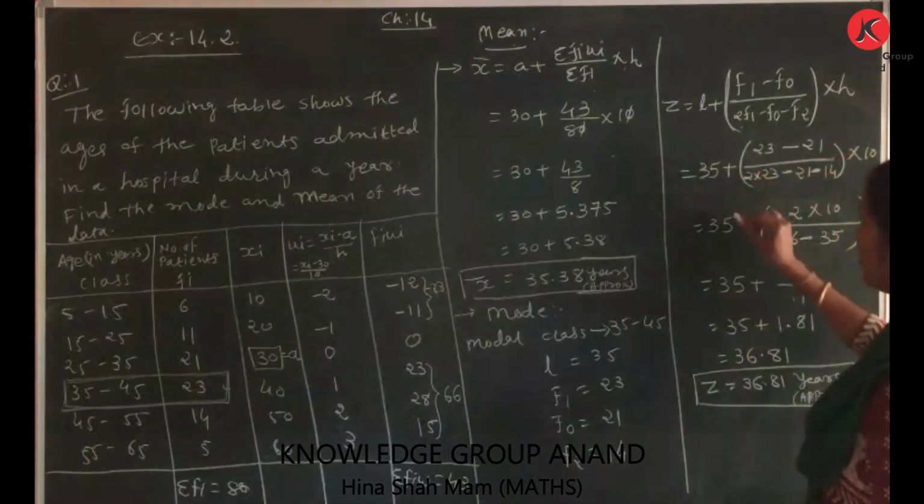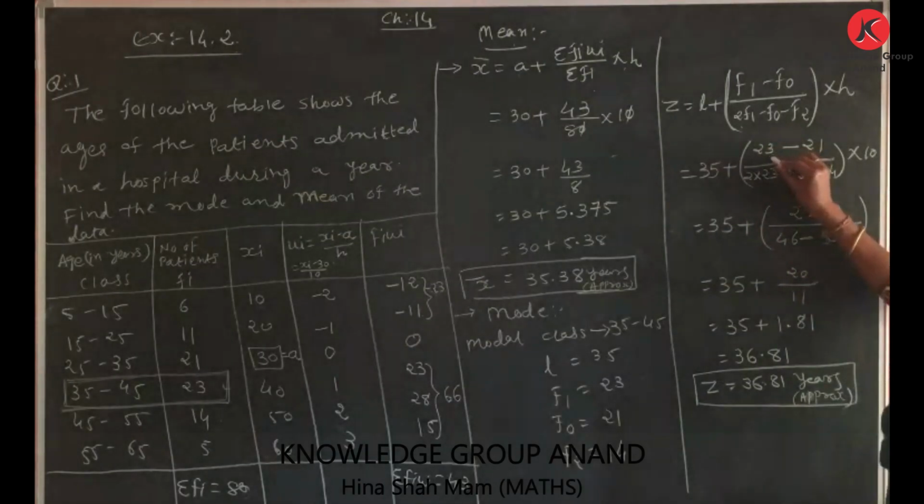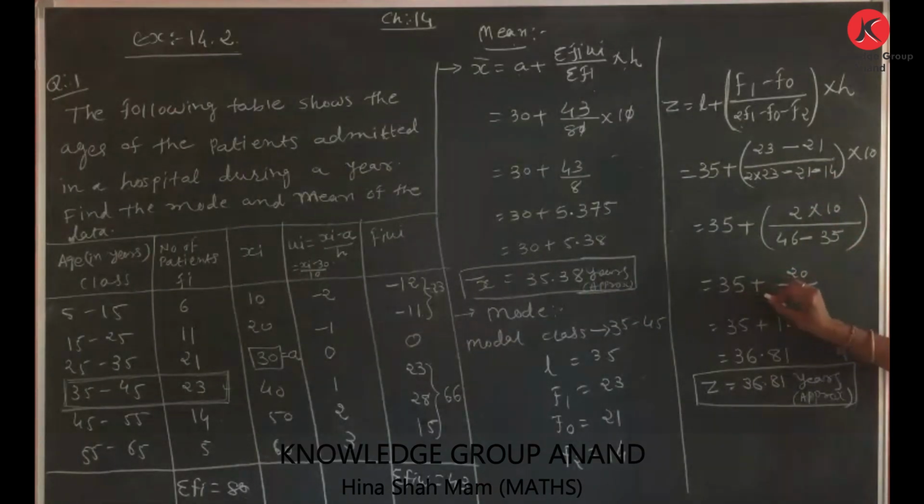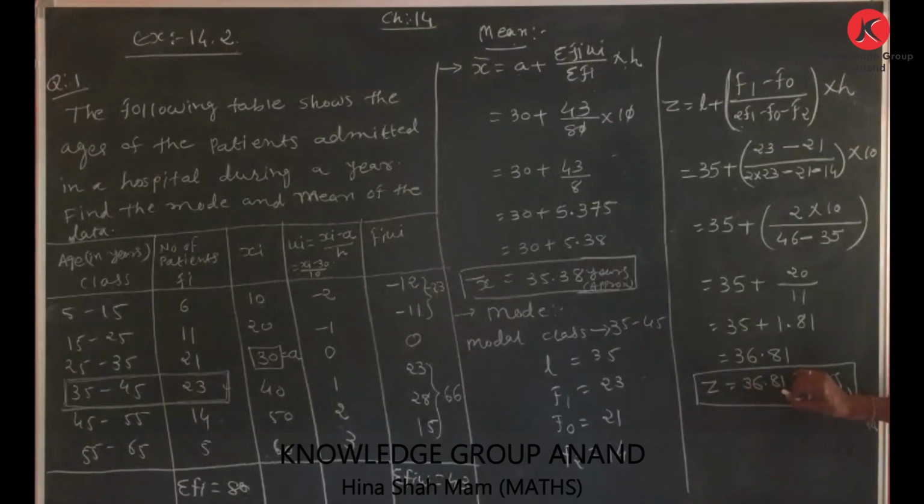Simplify these terms. 35 plus 23 minus 21, that is 2, into 10. 23 twos are 46, minus 21 minus 14, that means minus 35. 35 plus 20 upon 46 minus 35, upon 11. 35 plus 1.81 is equal to 36.81. z is equal to 36.81 years approximately.